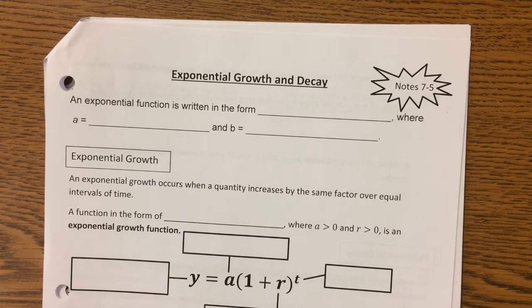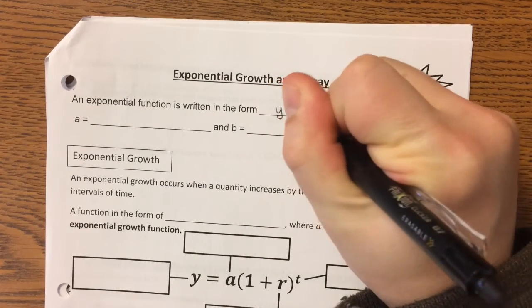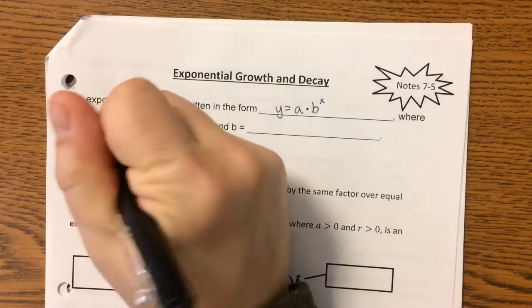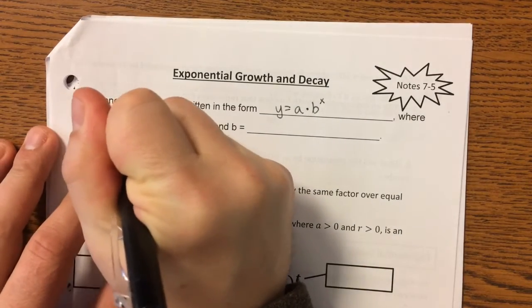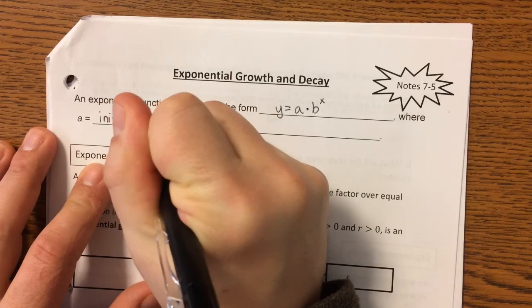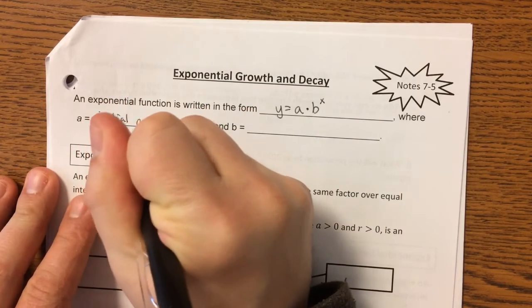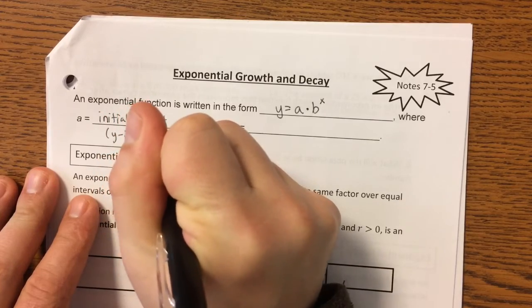Last time we talked about exponential functions generally, and we said that an exponential function, we typically write it in the form y equals a times b to the x, right? Where a is going to be your initial amount, or your y-intercept. That's one way to think about it.